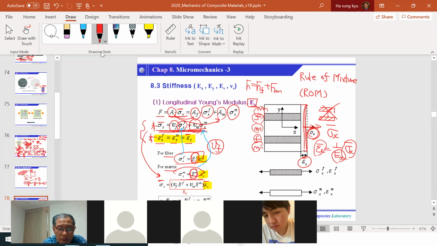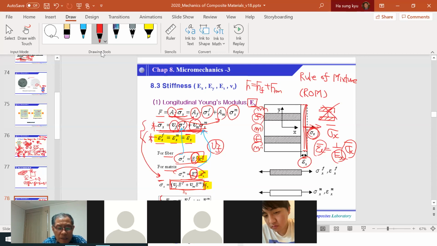Okay, so by definition of stiffness, what can these terms be called? This is again the relation between the stress and strain. So this is nothing but the fiber directional stiffness, I mean the composite stiffness, right?